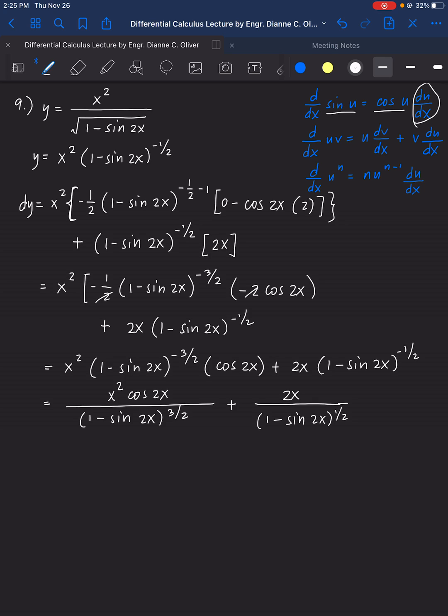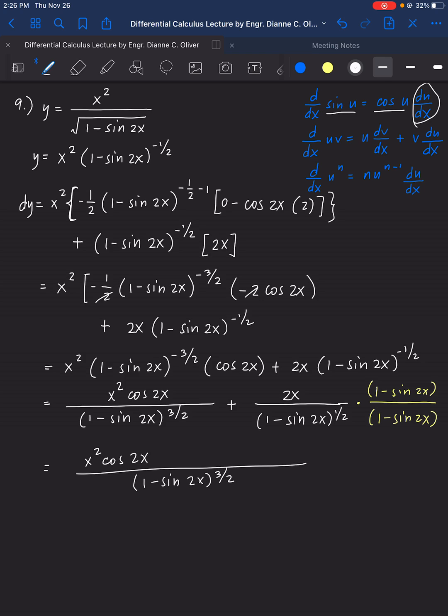Okay, so the common denominator will be 1 minus sine 2x raised to 3 halves. So let's multiply this with 1 minus sine 2x, so that this becomes 3 halves. So this is x squared cosine 2x plus 2x times 1 minus sine 2x.